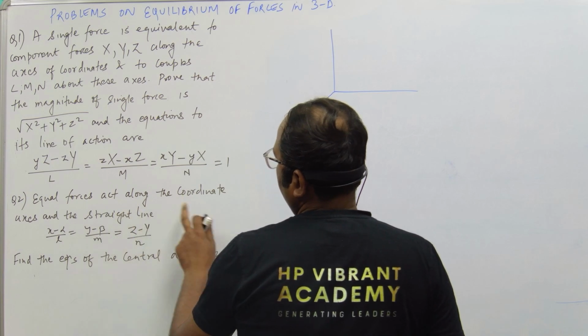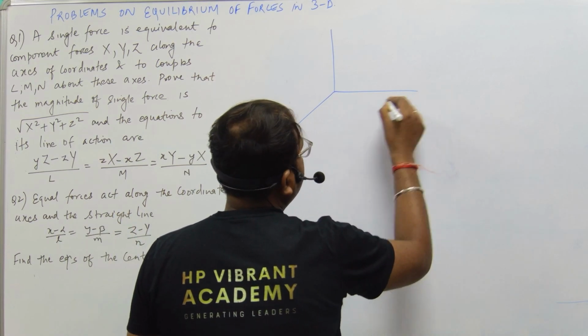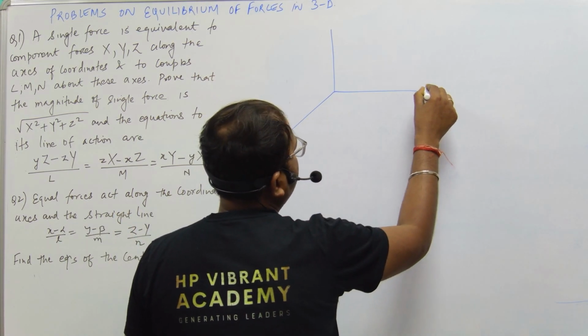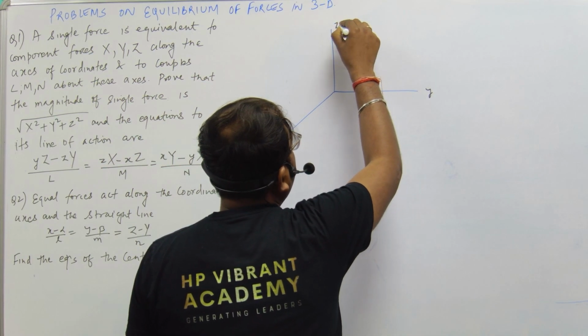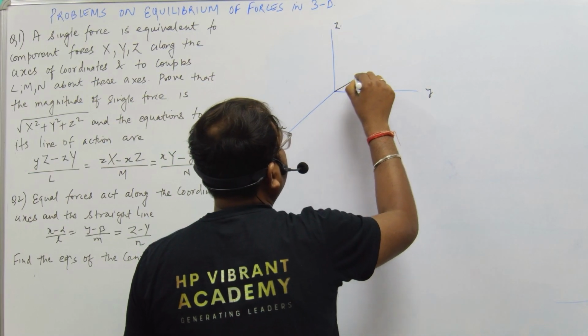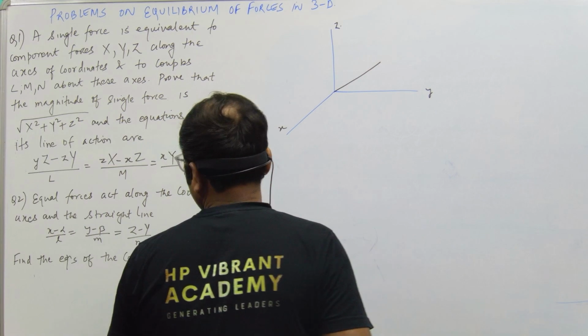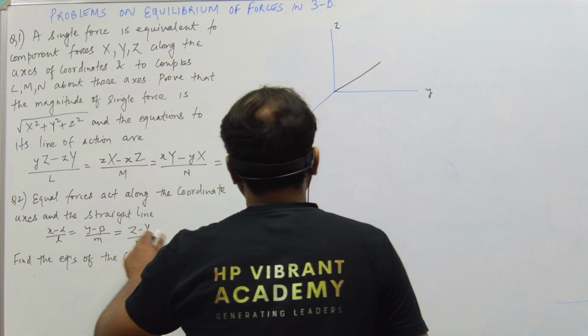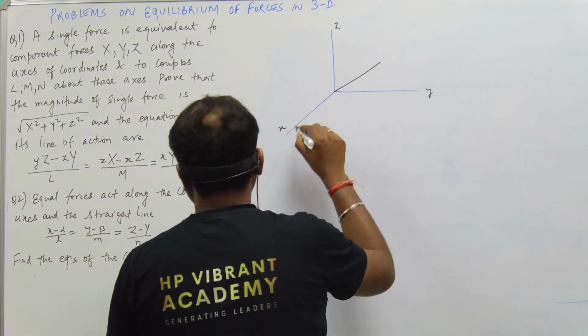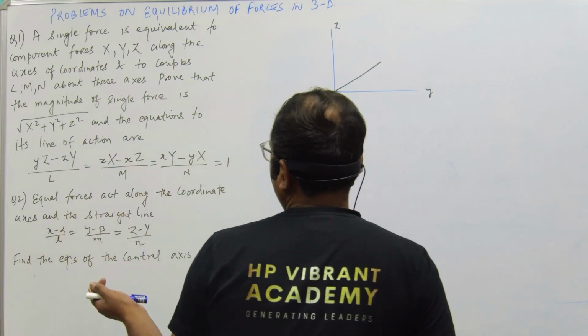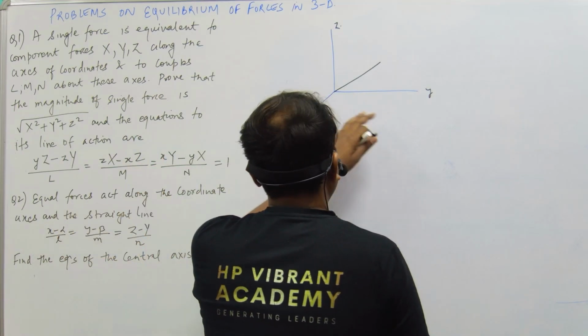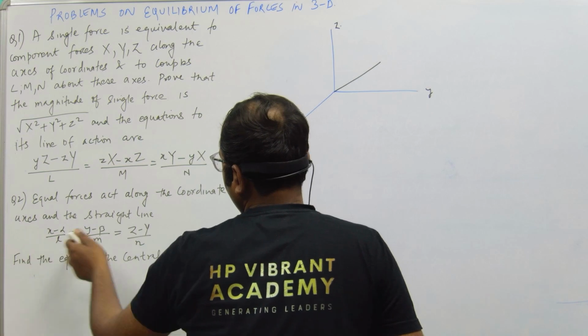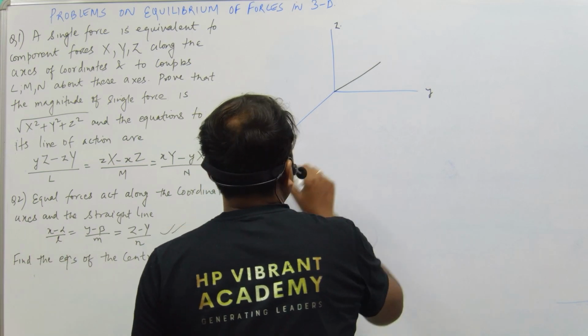Let us take this as X, Y and this is Z. And we have the straight line, so this is our straight line. So there are 4 forces. 3 forces are acting along the coordinate axes and the fourth one is along this straight line.